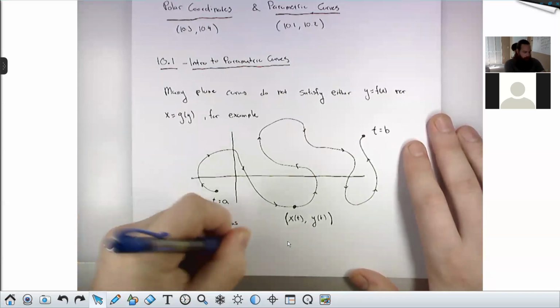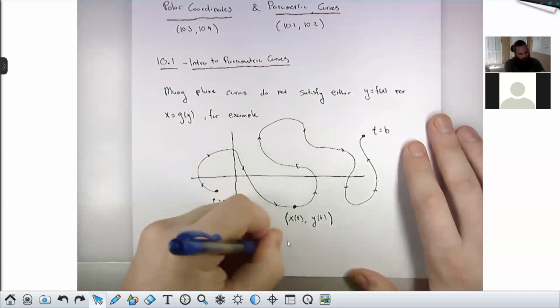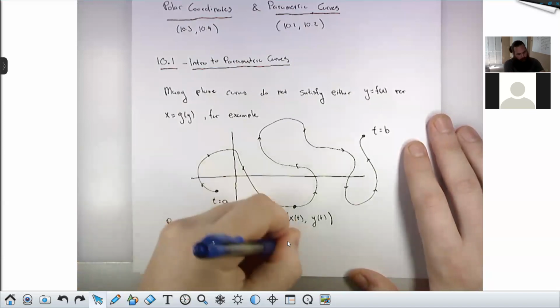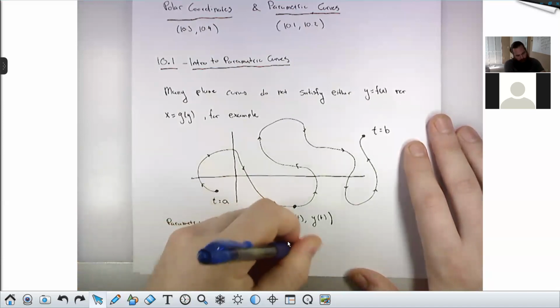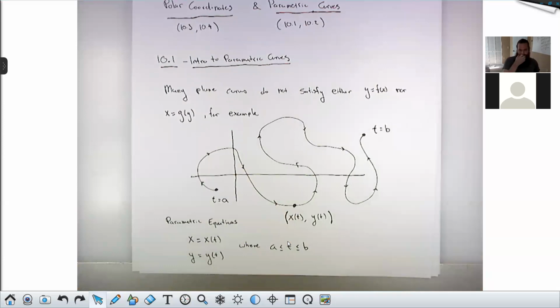And then also, it's understood that t is allowed to run from a to b. So this is kind of your time domain, and these are your parametric equations. And the equations together with the choice of t is what determines your curve.